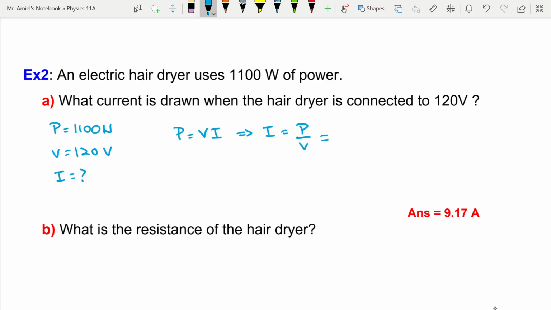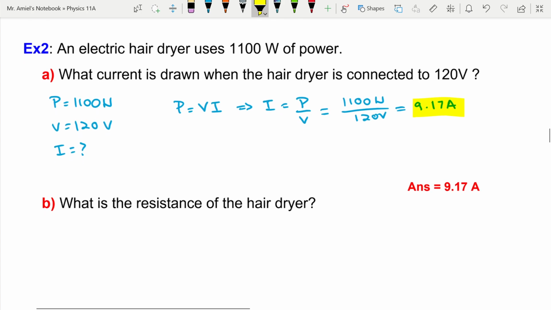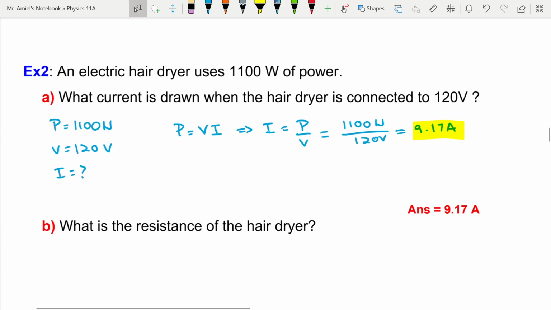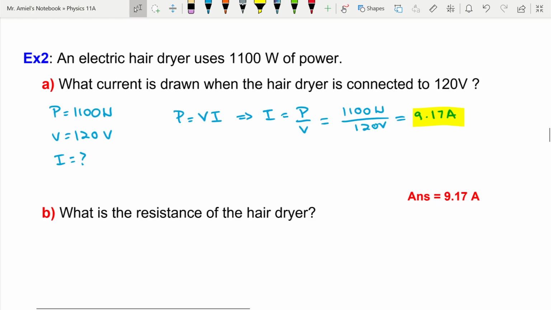Okay, so we've got 1100 watts over 120 volts. And that is going to leave us with 9.17 amps. And again, it's ambiguous here about our sig figs, but we'll assume that zero is significant.